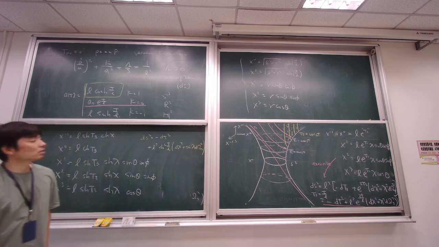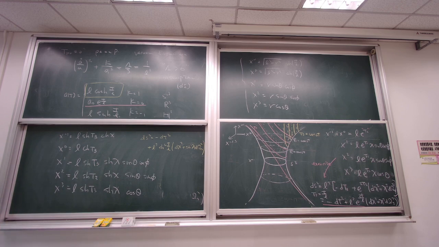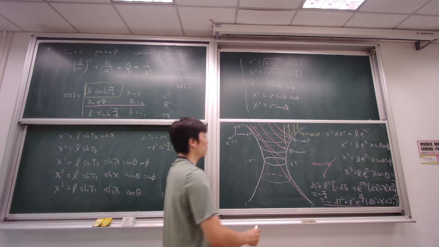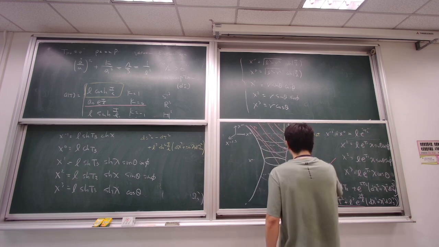Exactly, ds squared is equal to minus dt squared plus L squared sin squared L, like this way. Is there two components? Shouldn't we draw the second component on the lower? Good point. It also has a lower component. You can have this as a lower component. It depends on how you choose.